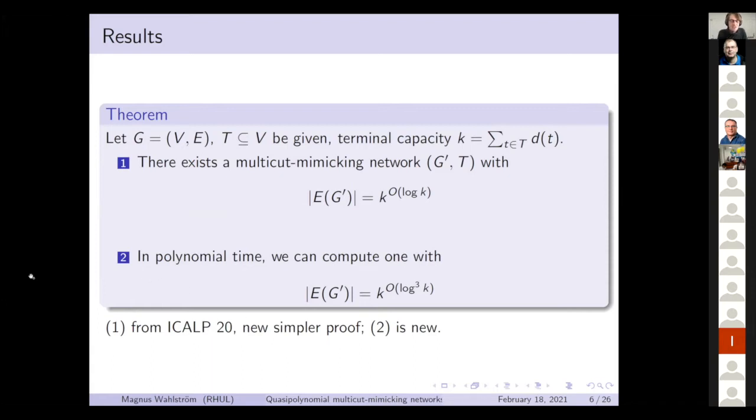The constructive result is new, and the gap between log k and log cubed k depends on approximation algorithms for some sparse graph separation question. So focus mostly on the existence, because as you might imagine, the constructive version is just a messier, more detailed version of the same arguments.